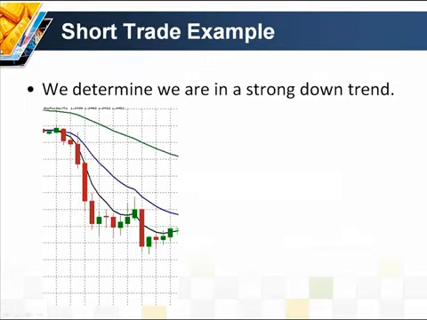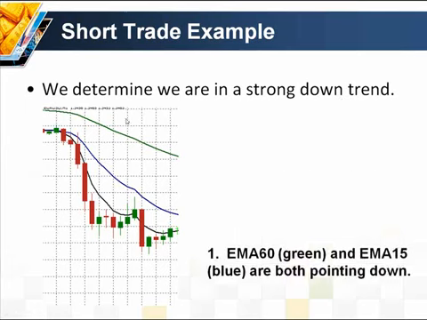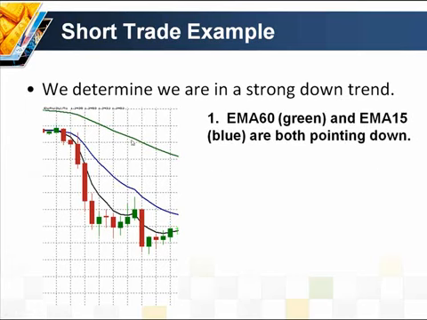Just to show you here with an example, our first step when we're entering a short trade is we need to determine that we are in a strong downtrend. To do that, as I said, we use three different criteria. First of all, looking on our charts and the colors of our lines, the EMA 60 is the green line, the EMA 15 is the blue line, and those both need to be pointing downward for us to meet the first criteria.